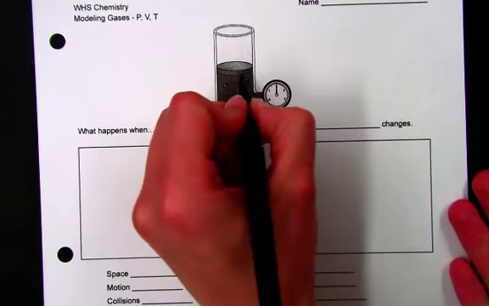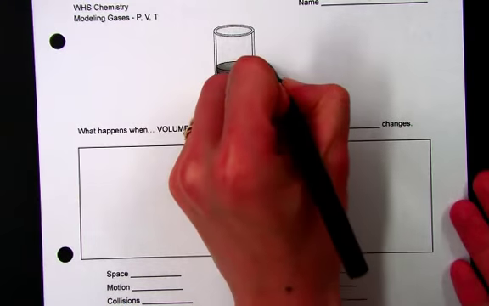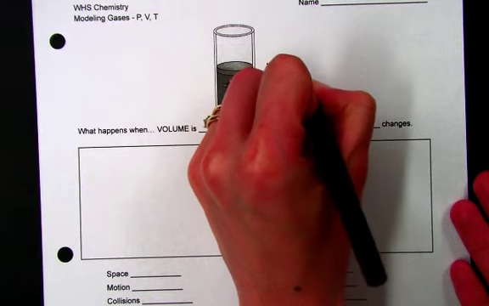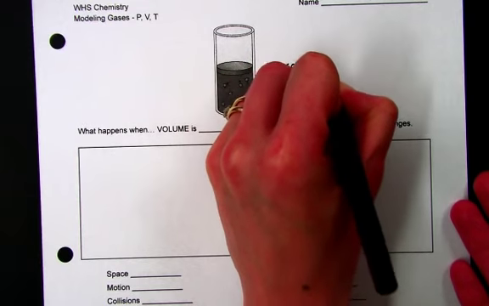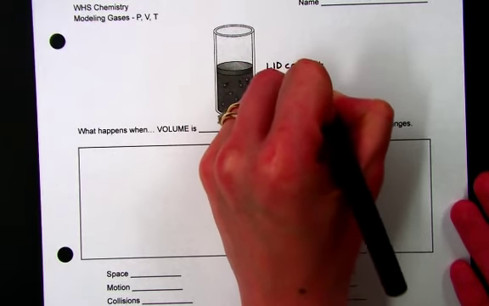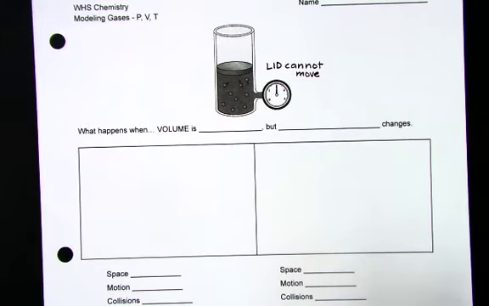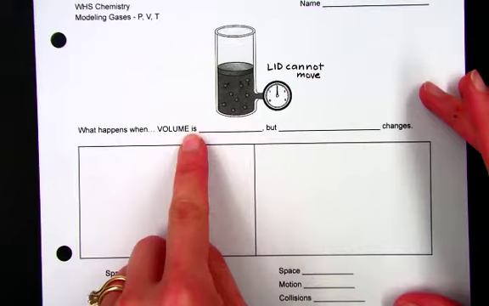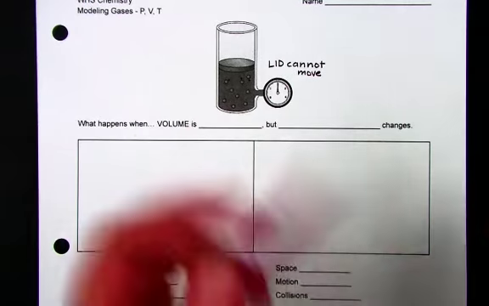So for this time, let's just write that the lid cannot move. When we study the other gas laws, that lid will be able to move. But for this gas law in particular, we're going to maintain that volume, do you see it here? That volume is constant.